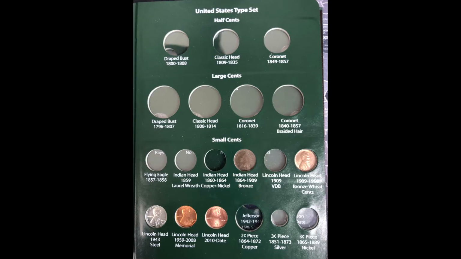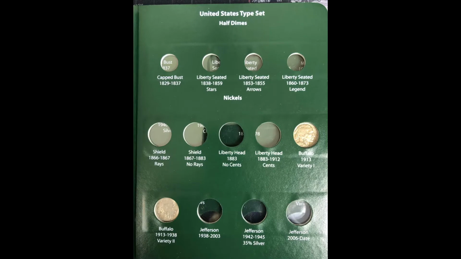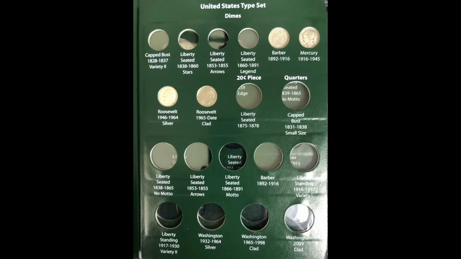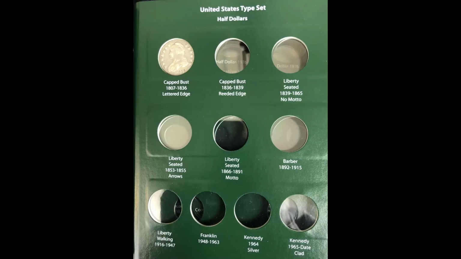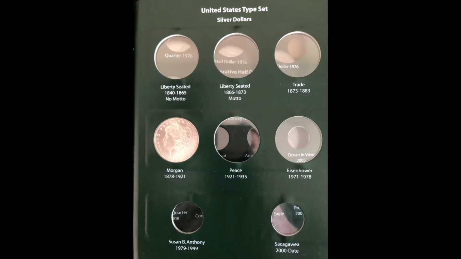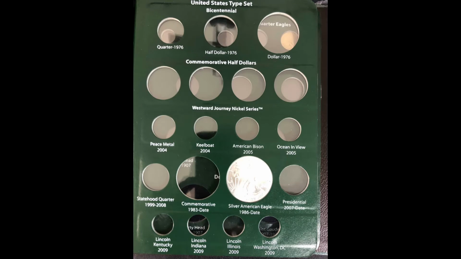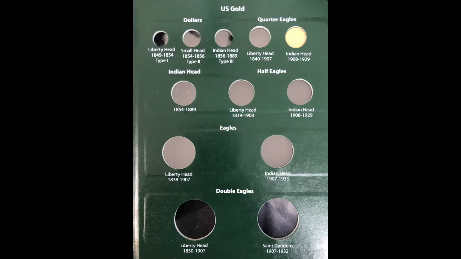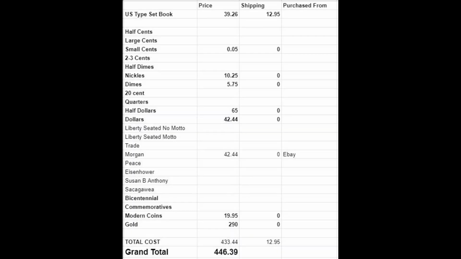Here is the updated album screenshots. Next week, we will be going to the modern page, and I have something very exciting in store for that, so you'll want to stay tuned. Then here are my running costs. I found that I was essentially doubling my costs.